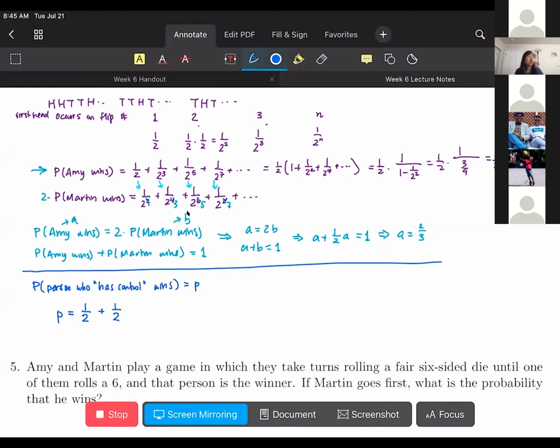When Amy flips tails and it's Martin's turn to flip, then Martin will have a probability of winning of P, because now he has control. So the probability that Amy will win in the case that she flips a tail first is the probability that Martin does not win. So that's going to be 1 minus P.